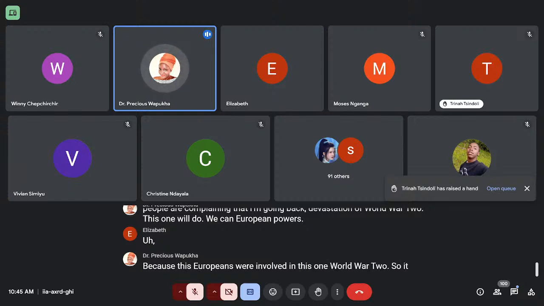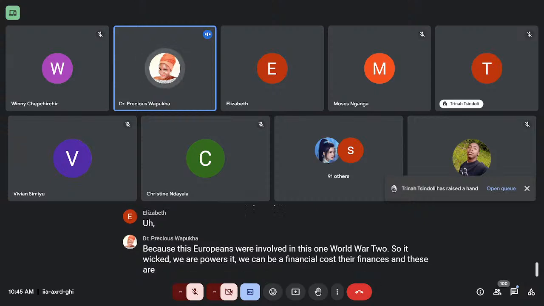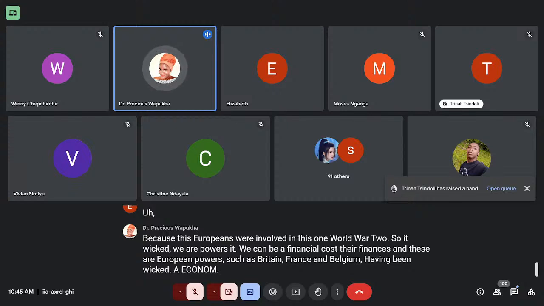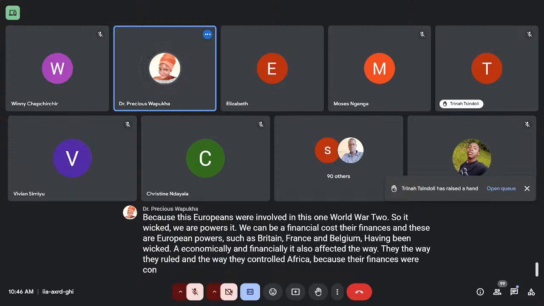It weakened their finances, and these are European powers such as Britain, France, and Belgium. Having been weakened economically and financially, it also affected the way they ruled and controlled Africa because their finances were constrained. So they were even unable to rule Africa.